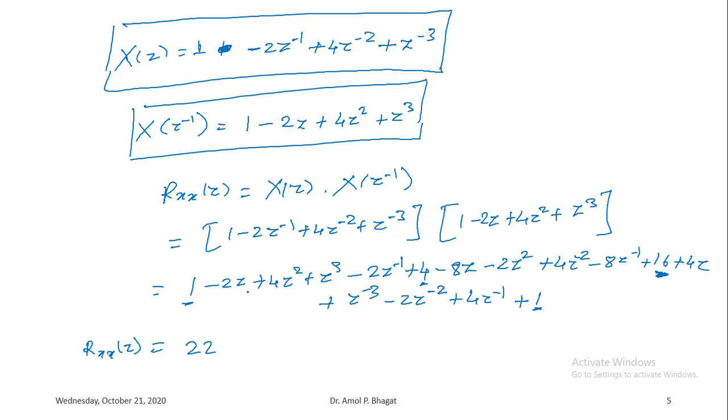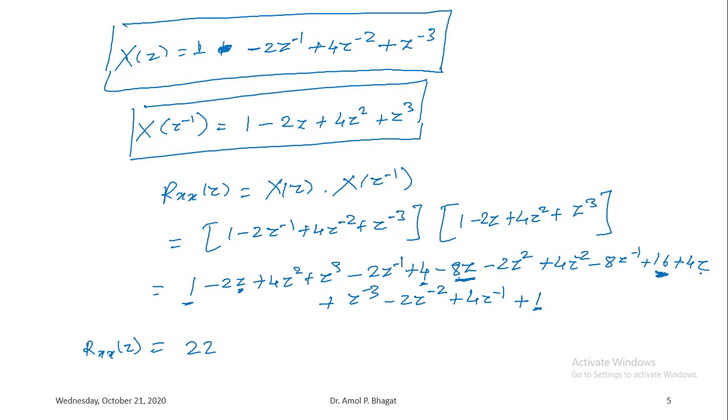Next I will identify it for z. Here it is z, minus 2z, again there is minus 8z. So z minus 2z minus 8z will be minus 10z.